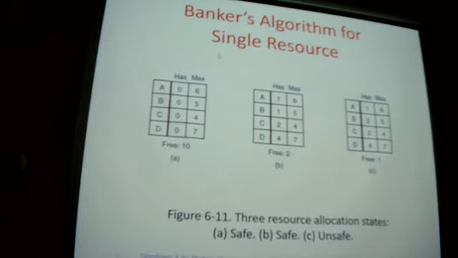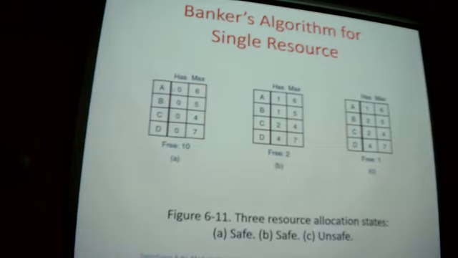I have just said that a banker and the customers, customers request money from a banker. So we can view a banker as a resource, and the customers are represented as what? Processes.